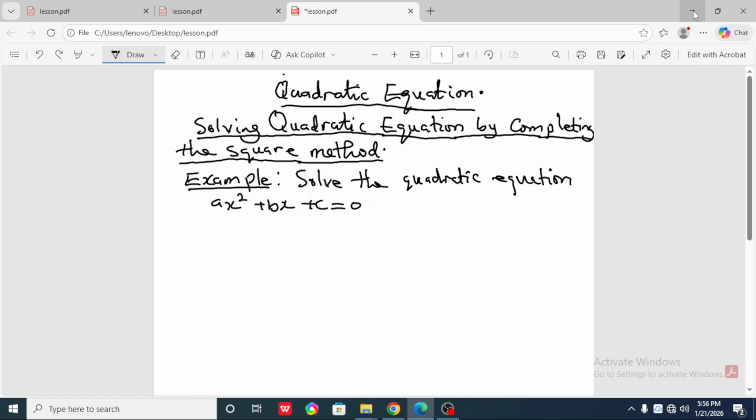So I'm using the example. We want to solve the quadratic equation ax square plus bx plus c equal to 0 using completing the square method.